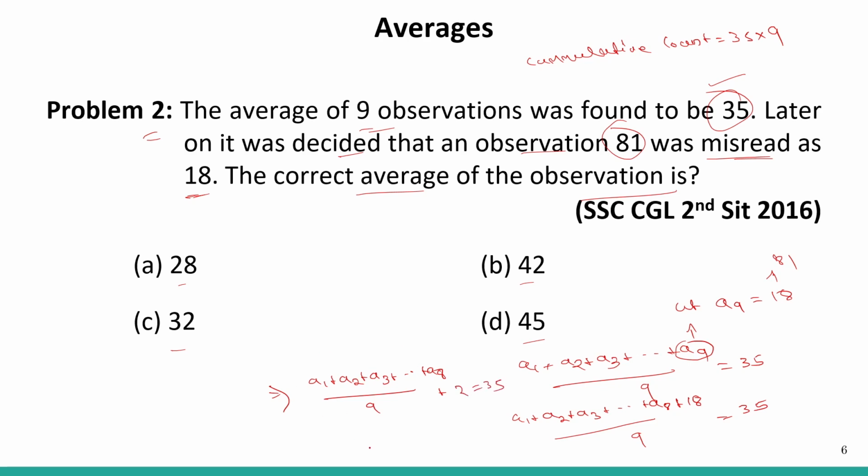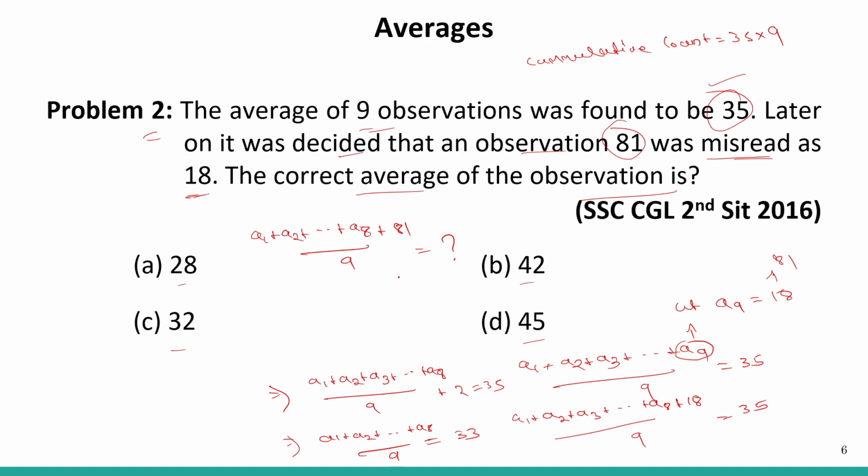So the term A1 plus A2 plus dot dot dot plus A8 by 9 is equal to 33, right? So this is what 33 is. We want to calculate A1 plus A2 plus dot dot dot plus A8 plus 81, the whole by 9.